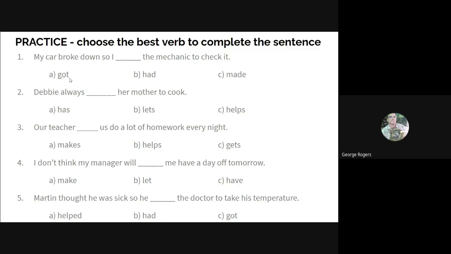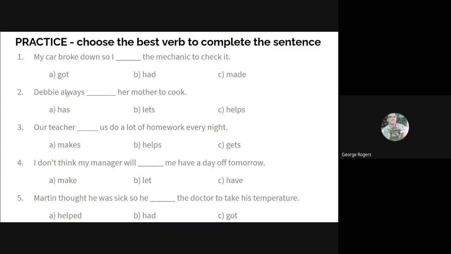Got is the best answer. Let me explain that again. My car broke down, so I made the mechanic to check it. Usually if you're paying somebody to do it, you don't make them do something. That's more you have them do it. So make doesn't quite go. Had would work if you didn't have the to.